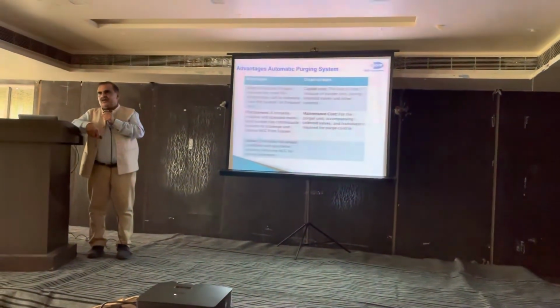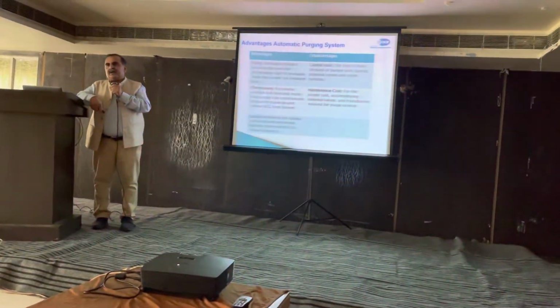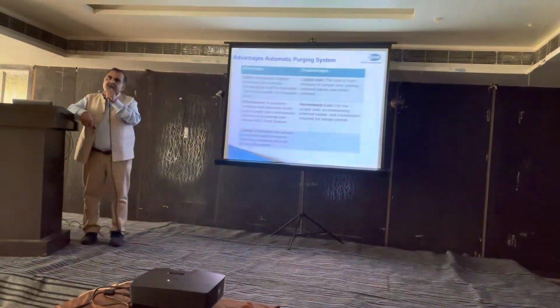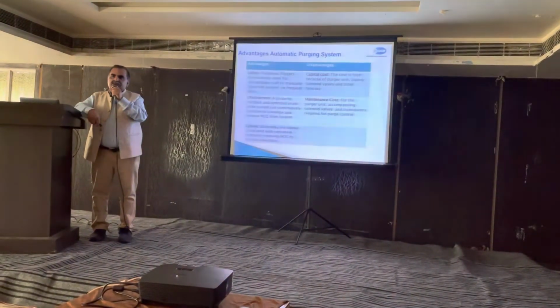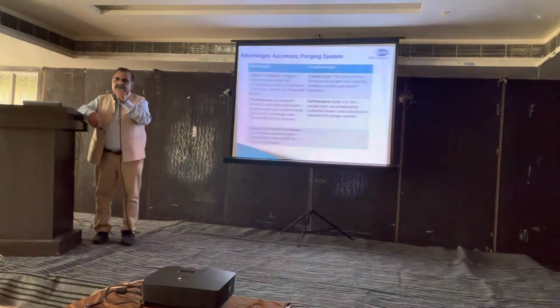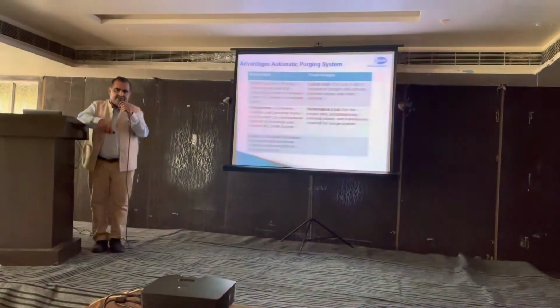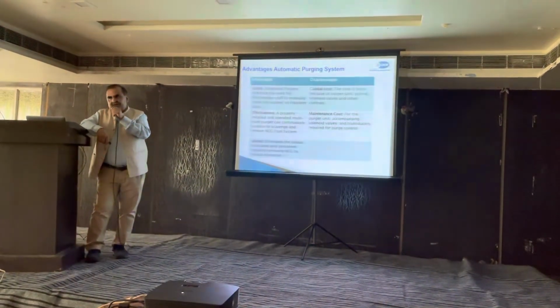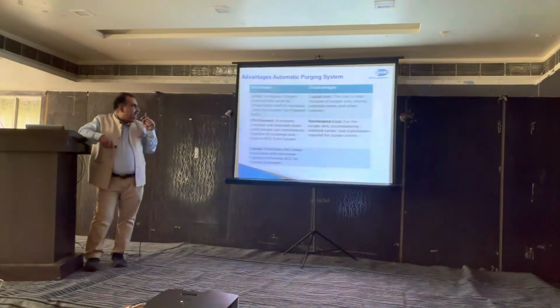Manual purging, as we know, is done manually. We have to go to the top of the condenser or a receiver, connect hose pipes there, connect valves for outlet connections to the hose pipes, connect it to a water bucket and drain it very slowly. So that needs manpower. You need to shut down the plant, and it also affects the safety of the human being.